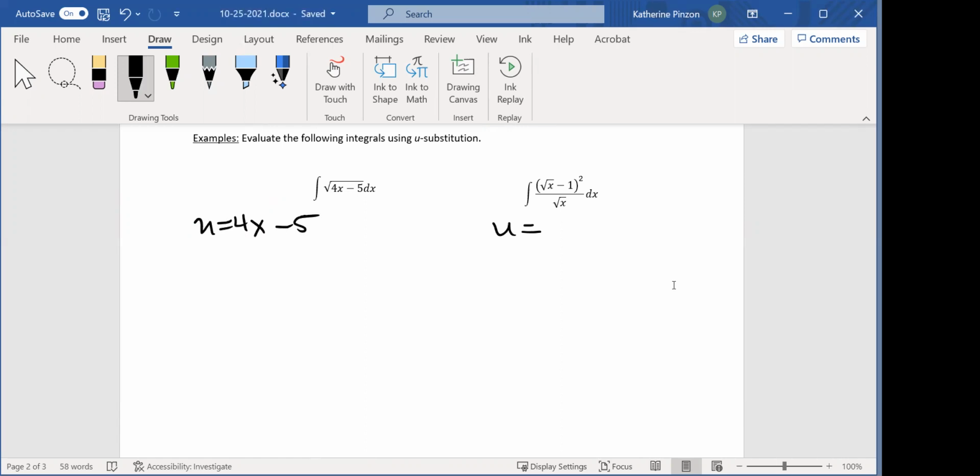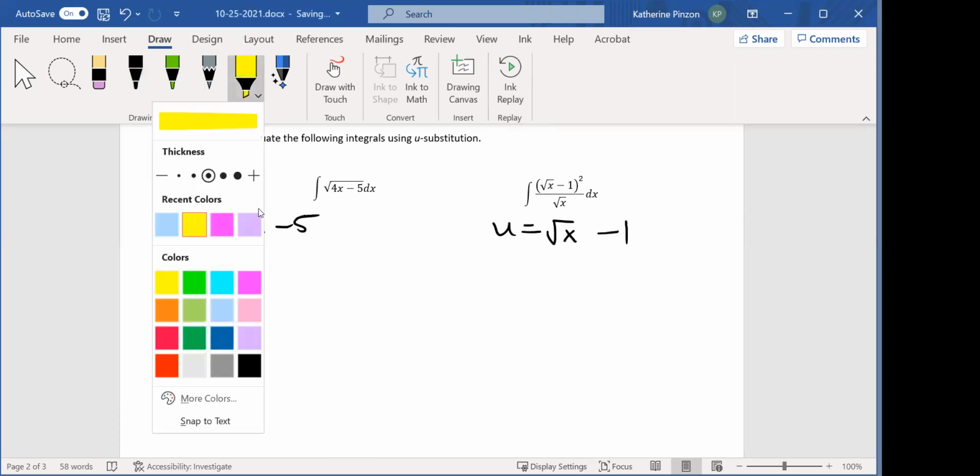Yeah, there's a power there, right? You got that 2. This one's tricky because it has powers and it has square roots. Powers always come first. If you have a whole bunch of stuff to a power, the whole bunch of stuff should be your u. The u is going to be the square root of x minus 1. So when I talk about picking u's and du's, I try to say them in that order.